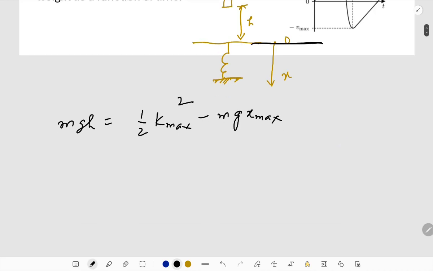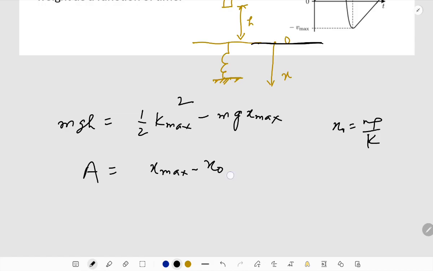And of course, the amplitude of oscillation will be x max minus x naught, where x naught was mg by k, the position of equilibrium when the mass was in equilibrium.